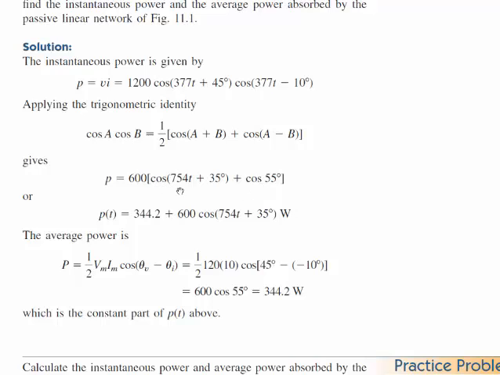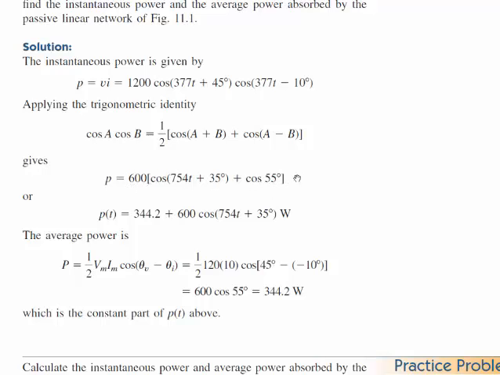Notice that I have a part that's running at twice the frequency. The original circuit is running at 377 radians per second. Now, when I multiply the two together instantaneously, I have something that's running at twice the frequency plus this cosine term multiplied by 600.